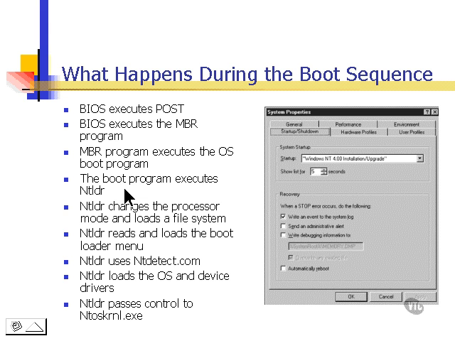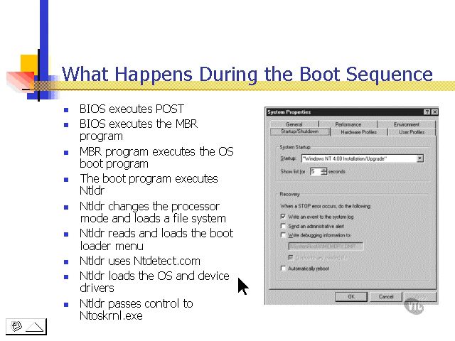The NT loader program changes the processor mode from real to protected, and it loads the file system. The NTLDR then reads and loads the bootloader menu, so it looks at what operating systems are available to this computer. Then NTLDR uses ntdetect.com.